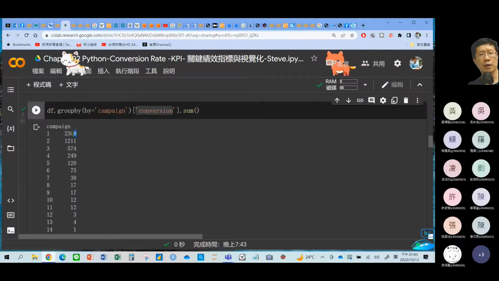Here it shows the customers who participated in only one campaign: the conversion rate and the conversions.